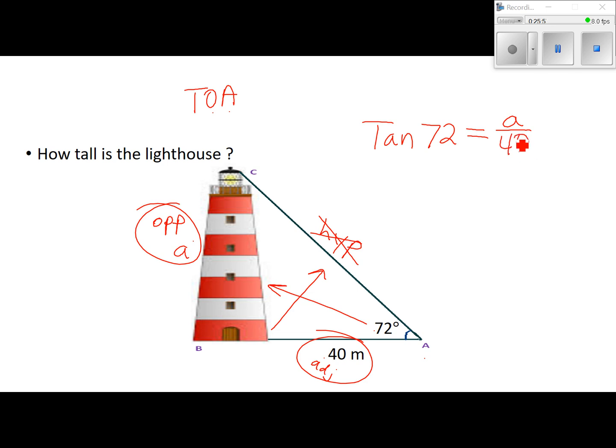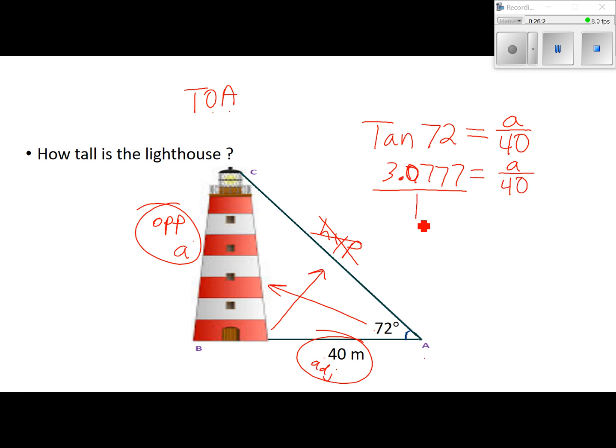We grab our calculator. This time we just do tangent of 72 equals 3.0777. Remember, it's all right for tangent to be larger than 1. Sine and cosine can't be larger than 1, and if they are, then your calculator's not set up right.